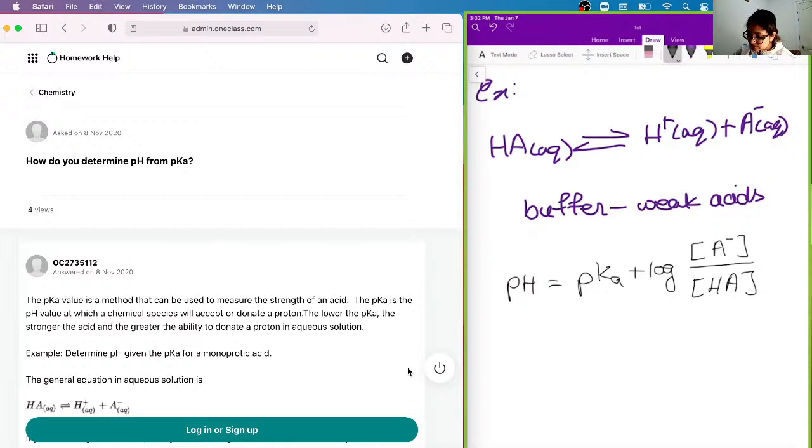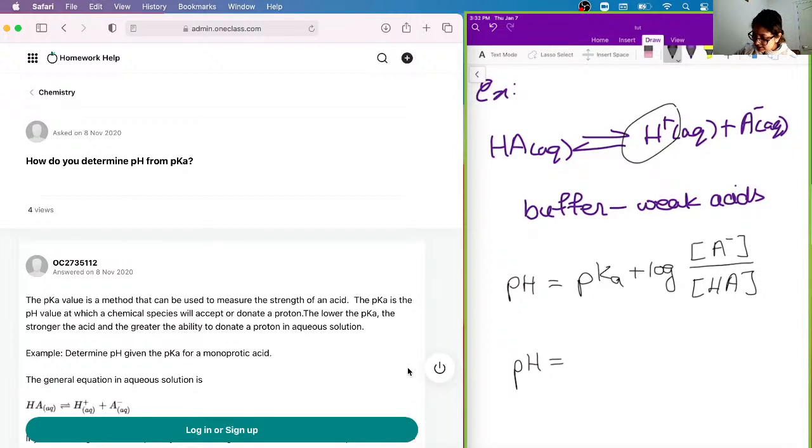In order to determine pH, first we have to find the concentration of our H plus ions. When we're dealing with acids, we first determine the concentration of our protons, or the hydrogen ions. In contrast, when you want to find the pH of your bases, we have to use the concentration of our hydroxide ions.